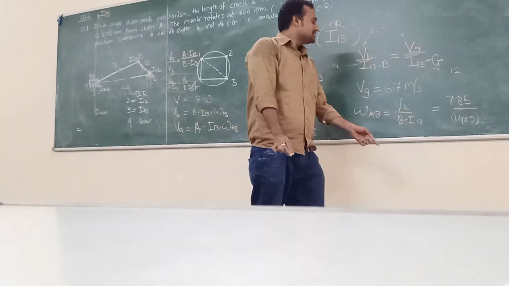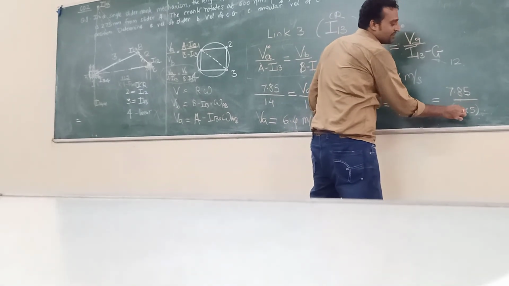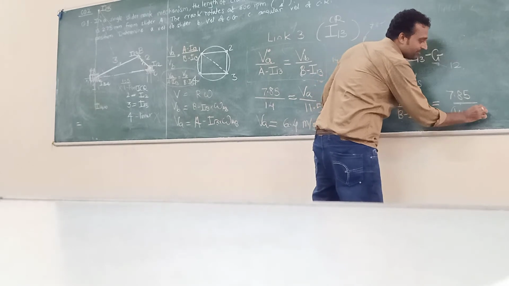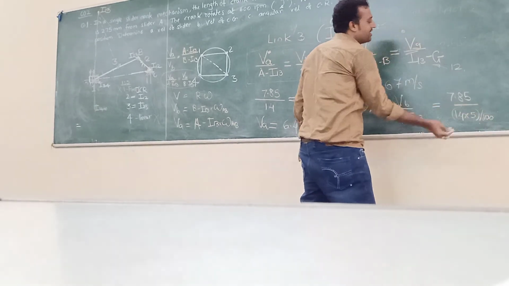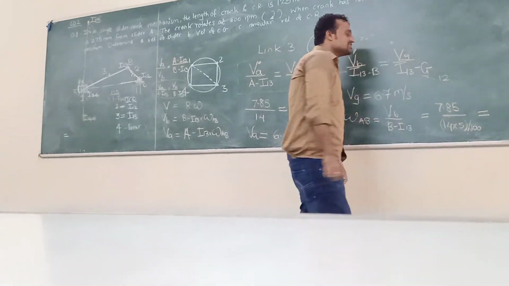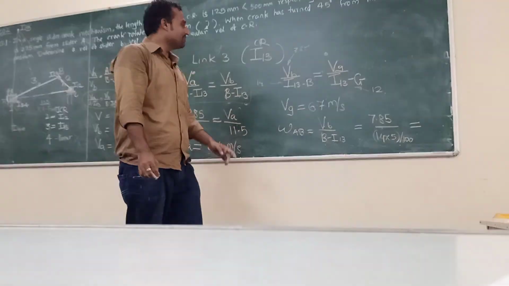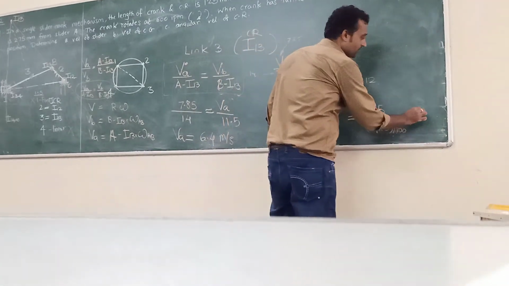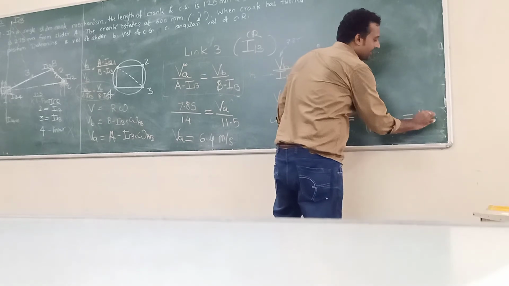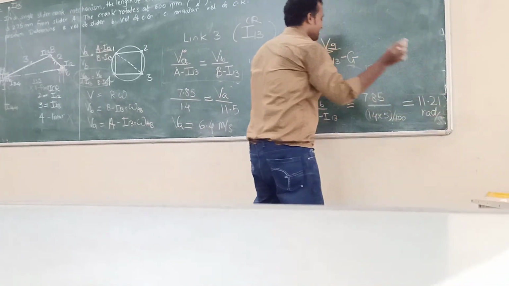This is 14 centimeter into 5, so this will be 70 centimeter, and we must have length in meter, so divided by 100. By using this formula, I get omega AB approximately 11.21 radians per second.